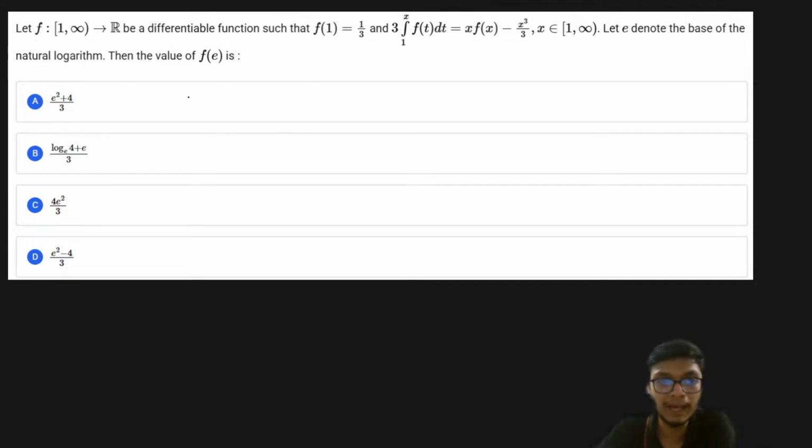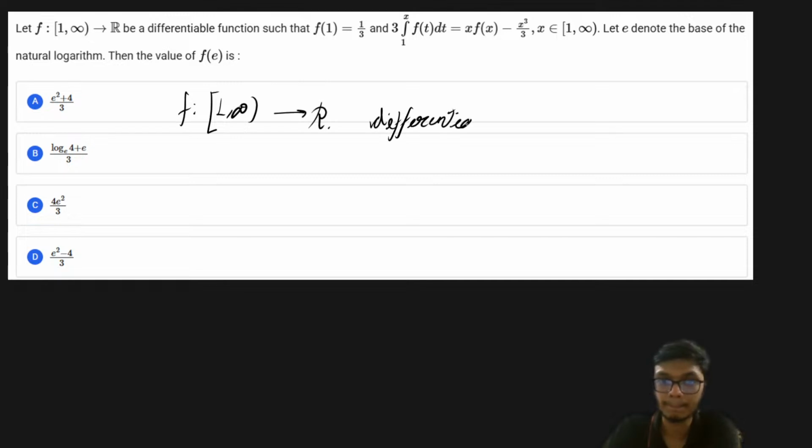All right. So we have a function which is given from the domain 1 to infinity to the codomain, that is the real numbers, and it is a differentiable function with the given condition that f of 1 is equal to 1 upon 3.